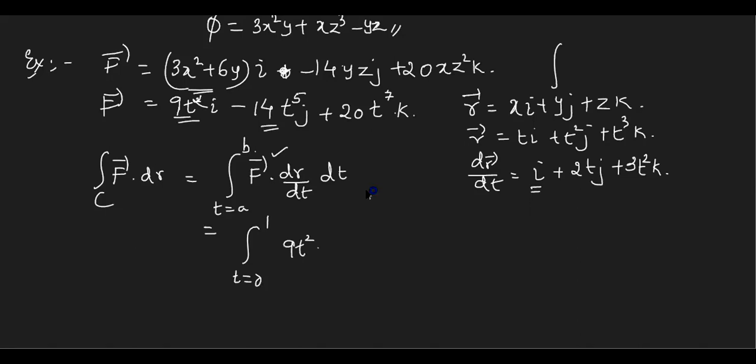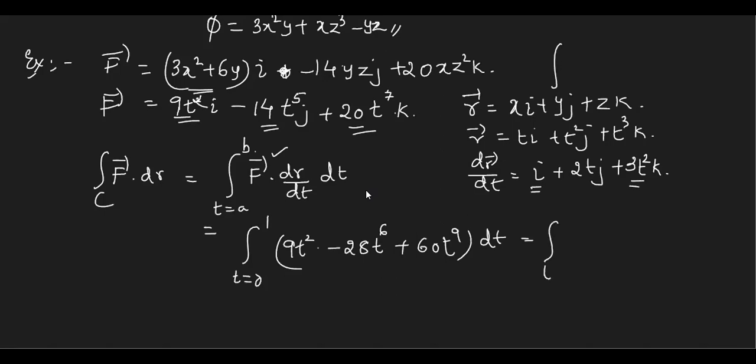Coefficient of j multiply: minus 14t raised to 5 into 2t. 14 2s are 28, t raised to 6. Now corresponding k coefficients: 20 into 3, 60, plus 60t raised to 9. Now integrate with respect to t.